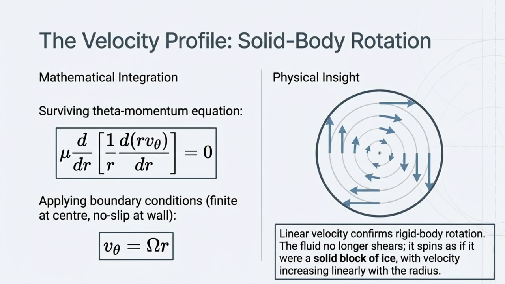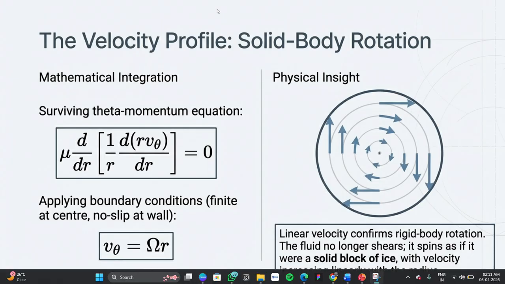Therefore, by using the theta momentum equation, mu into d by dr into 1 by r into d of r v theta by dr is equal to 0, with boundary condition at r equal to capital R, v theta is equal to omega R. By applying this boundary condition and integrating the theta component, we get v theta is equal to omega r, which confirms rigid body rotation.